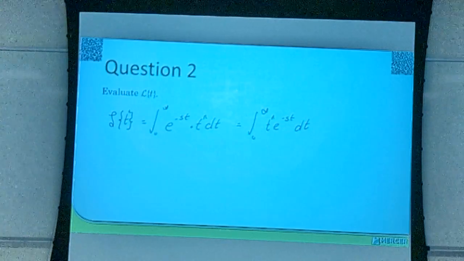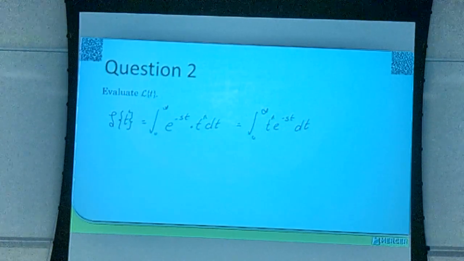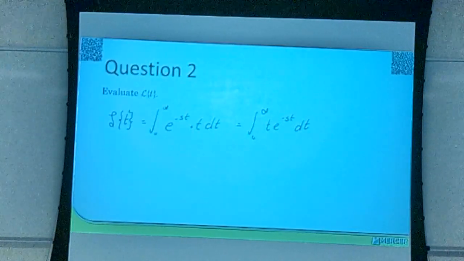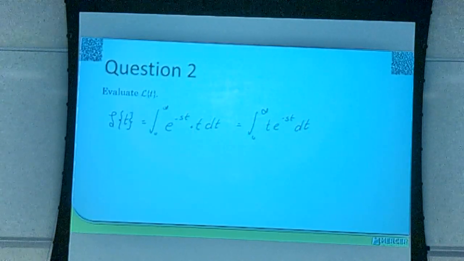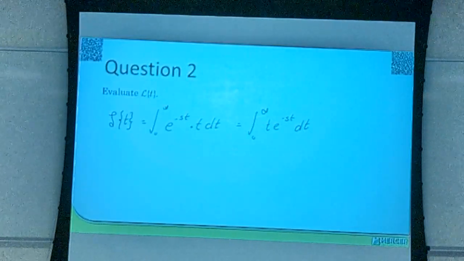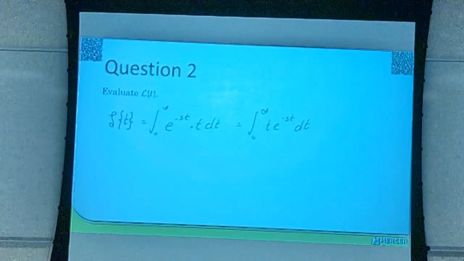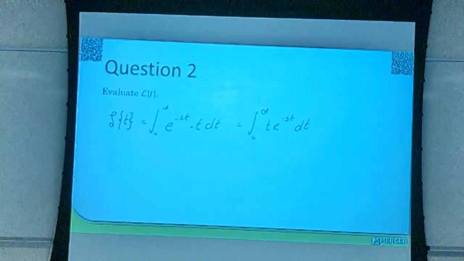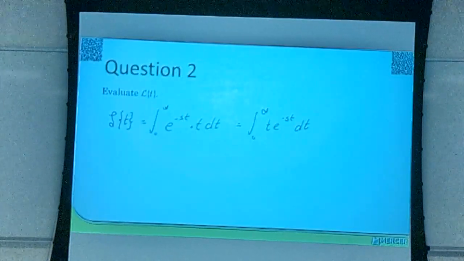That's why I'm not doing t to the n. Would a calculator be able to solve it? Yes. But I'm avoiding calculators for this lesson. I want to kind of get a feel of what the Laplace transform is doing first.